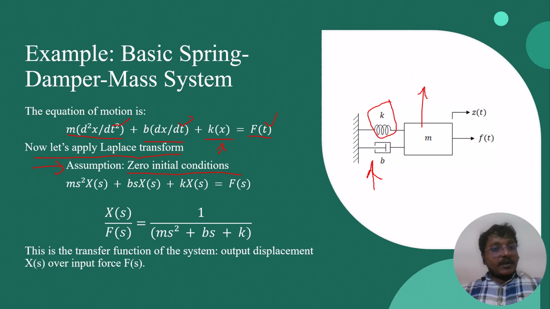When we apply that, d square x by dt square will be converted into s square of x of s, and dx by dt will be converted into s times x of s, and we have x of s and f of s. So x of s to f of s will be the transfer function for the entire damper, spring, and mass system.